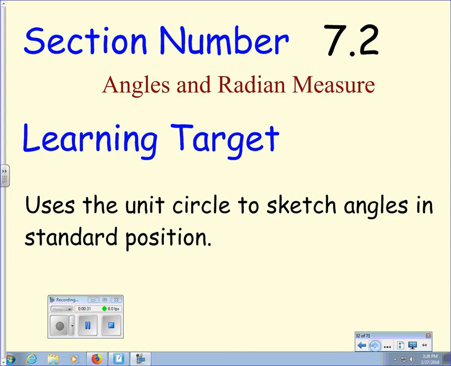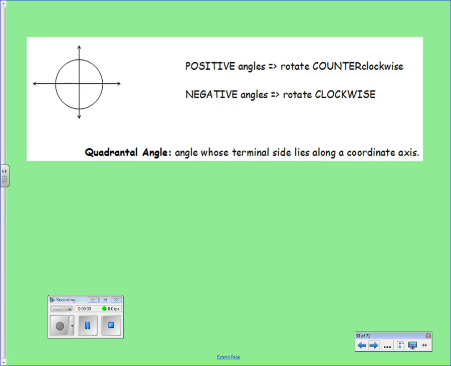So we can have angles that are positive or negative, and this is something that's new that we didn't have in geometry. So in geometry, we always had positive angles, but now that we're looking at it in a different lens, depending on which way we can spin, either a positive direction or a negative direction, we wanted to have a different way to talk about which way you are spinning.